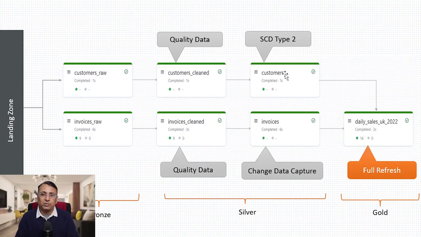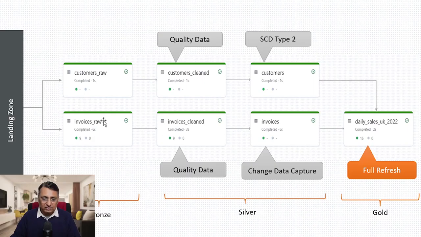In SCD type 2, when we receive new information about the customer, we close the previous record of the customer with the closing date, and we create one new record for the customer with the new information with a starting date, right? So that's what SCD type 2 implements. That's what we want to implement here, but we want to do it using DLT pipeline. So that's about the dimension table.